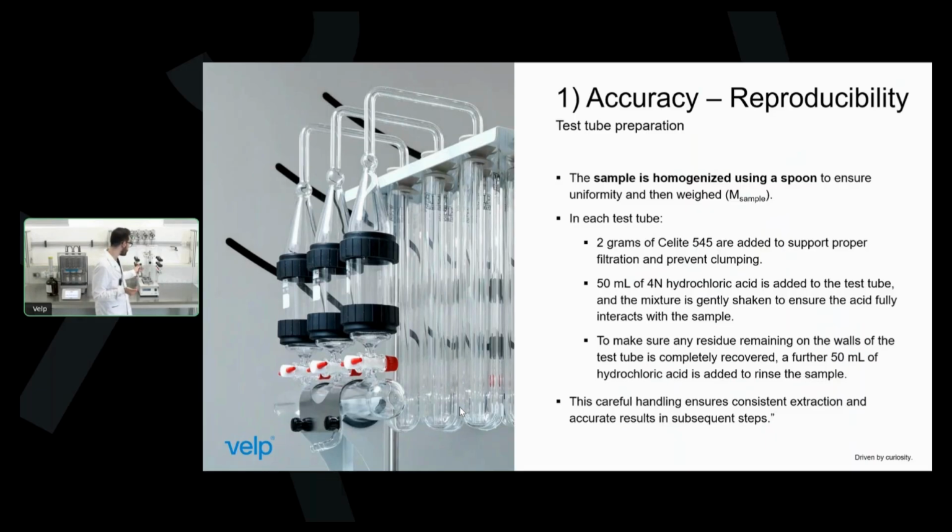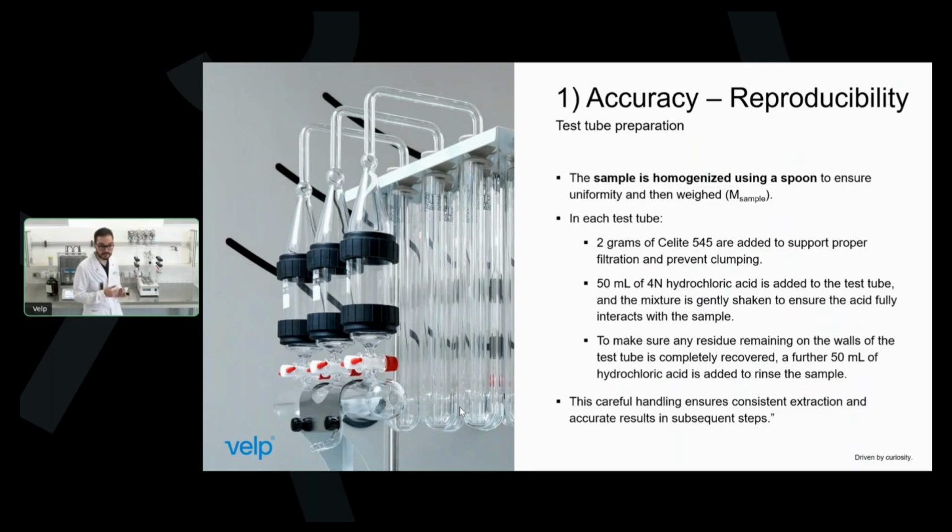After putting the celite and the sample inside the test tube, we can add 50 milliliters of 3 normal hydrochloric acid to make the reaction happen. After the addition, we gently shake the test tube to mix the sample and the celite with the hydrochloric acid.